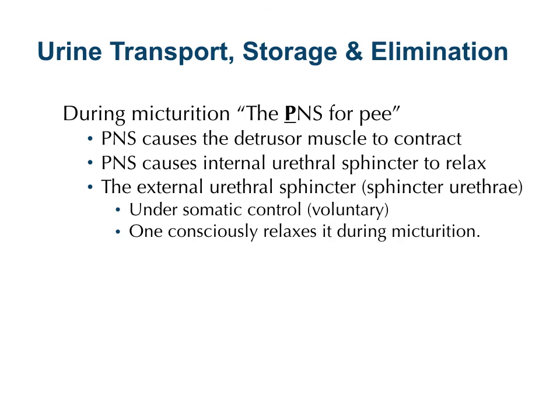The PNS will also cause the internal urethral sphincter to relax. These two actions from the PNS, in conjunction with the voluntary or somatic action on the external urethral sphincter, will together allow the urine to pass from the bladder into the urethra and exit the body.